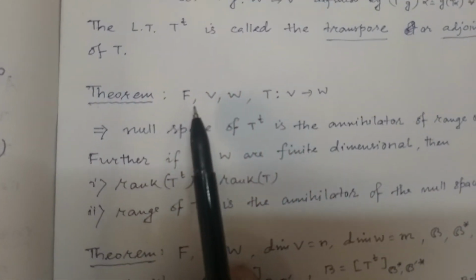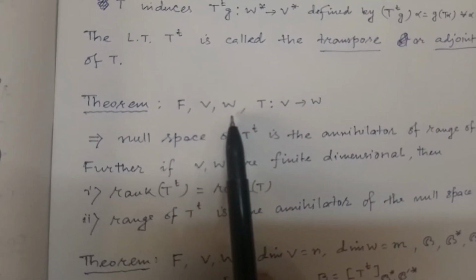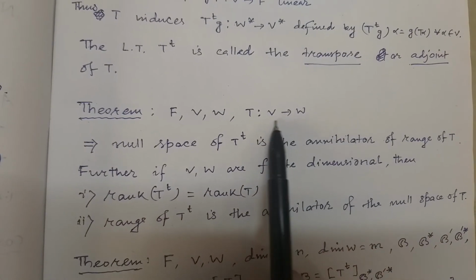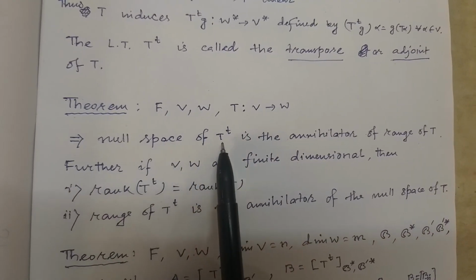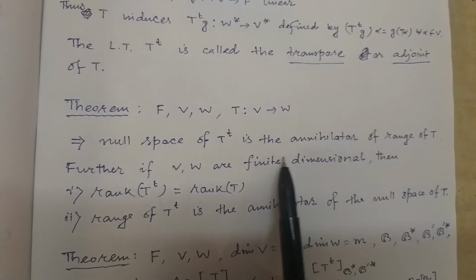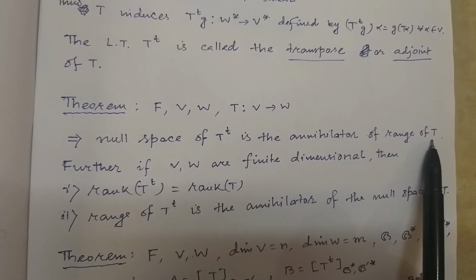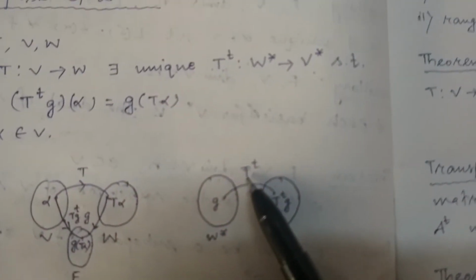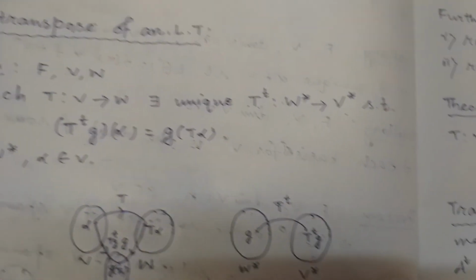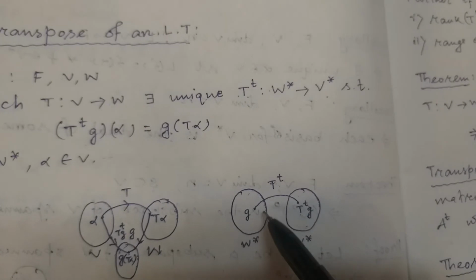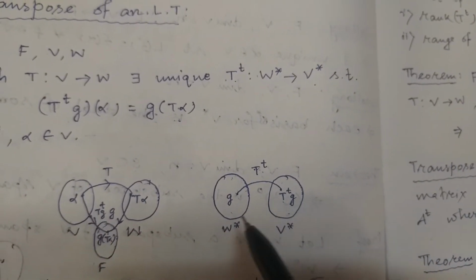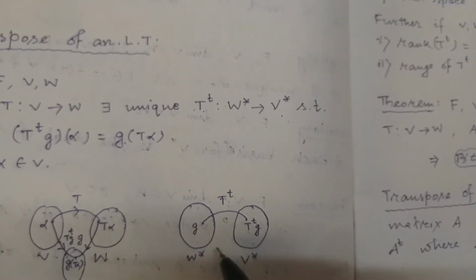Now we have a theorem: F be a field, V and W are two arbitrary vector spaces, and T is a linear transformation from V to W. Then the conclusion is that the null space of T transpose is the annihilator of the range of T. The elements of W star which are taken to theta in V star form the null space of T transpose, and that is a subspace of W star.